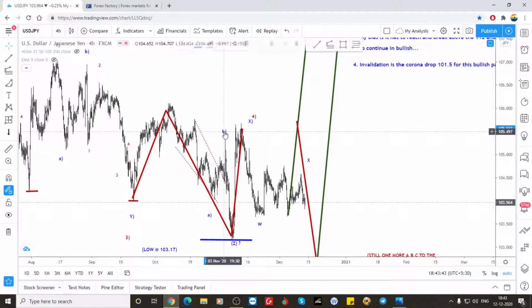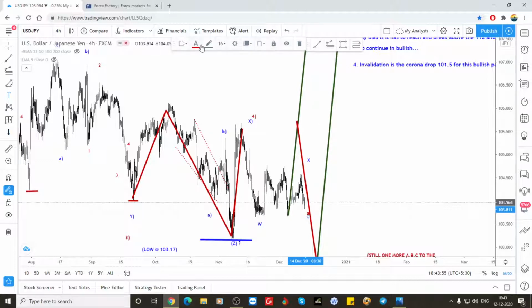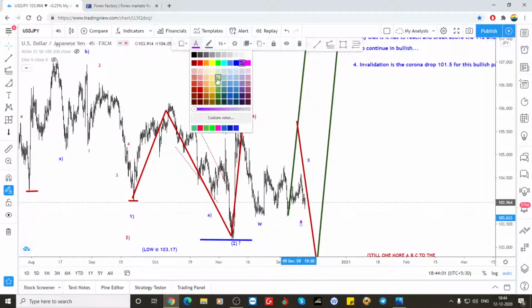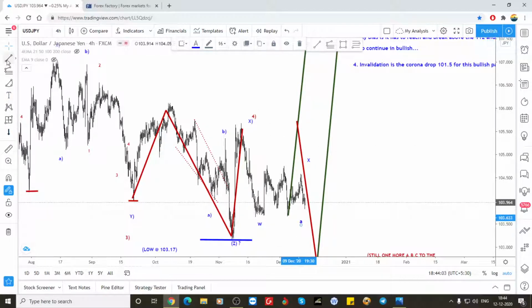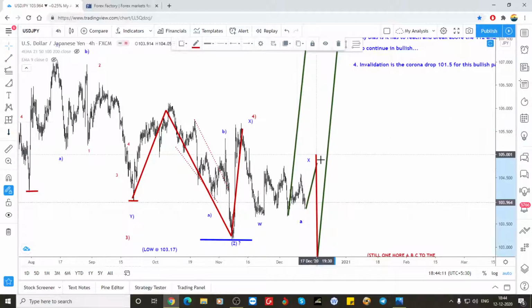Here, this is a W, X. Instead of red, we can make it blue, and we can go above this and make it green. I will remove this.